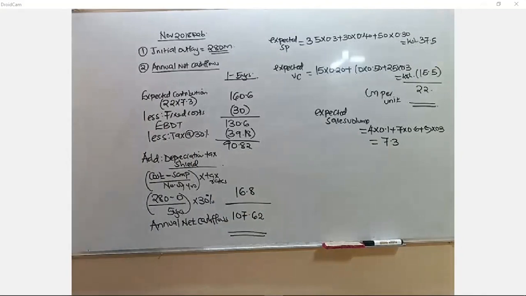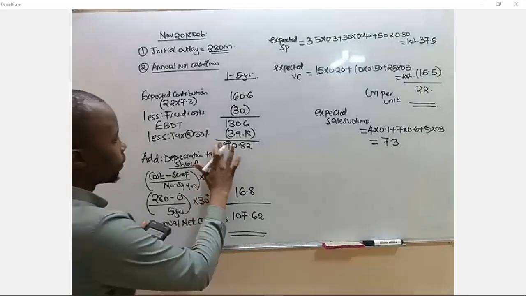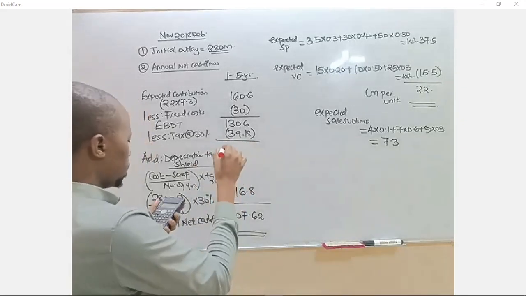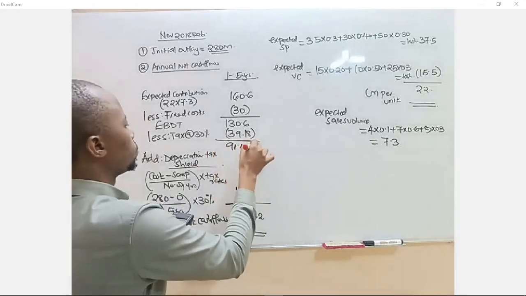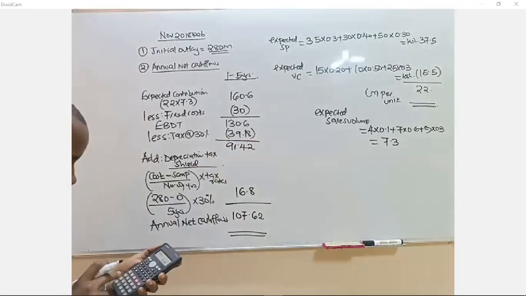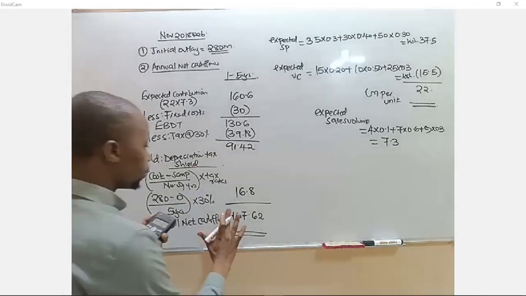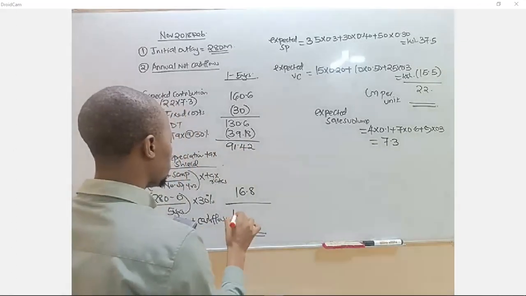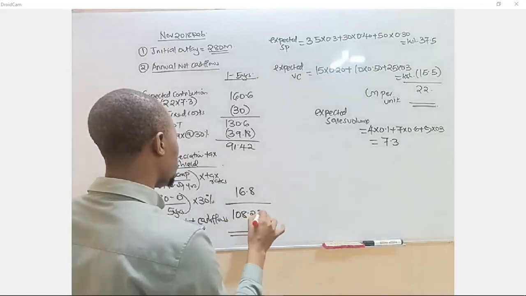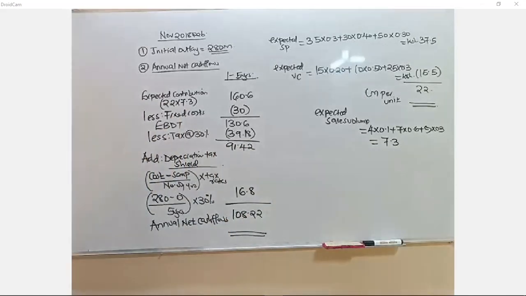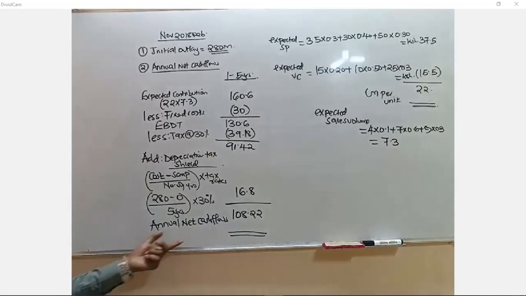Let me check. 130.6 minus 39.18. 91. This should be 91.42. Sorry, 91.42. Then plus 16.8, getting 108.22. 108.22. That is my annual net cash flows.